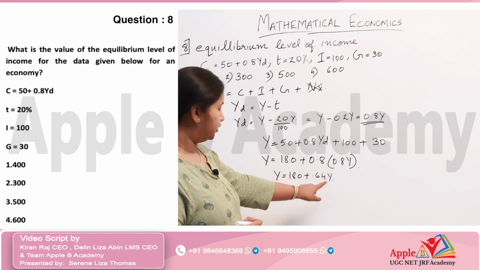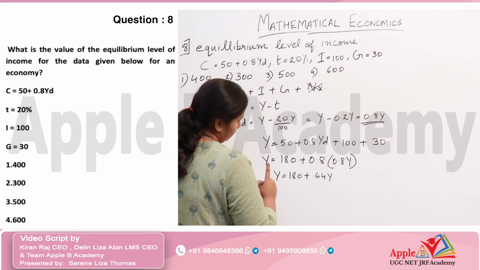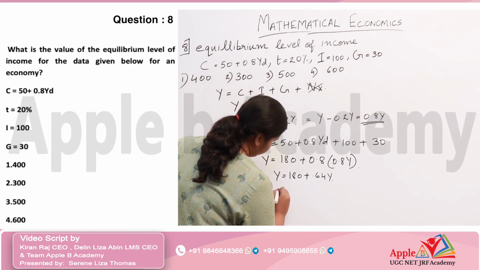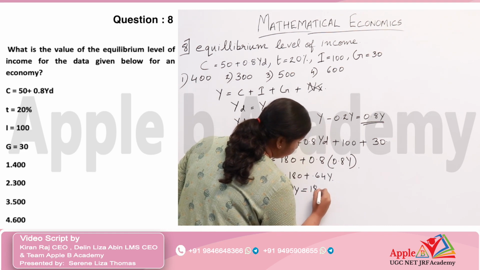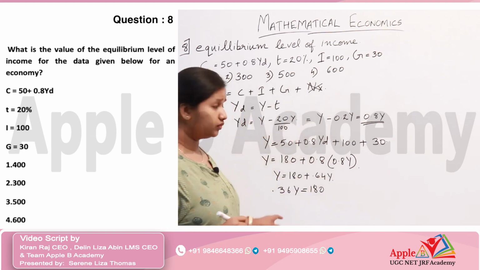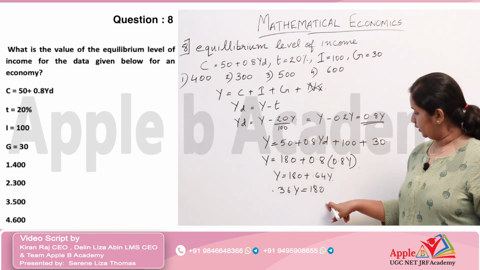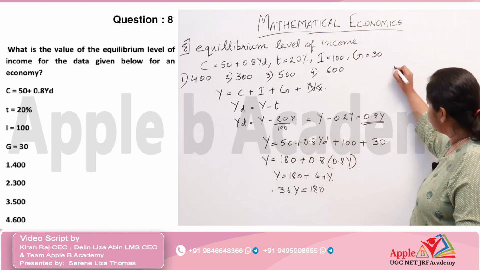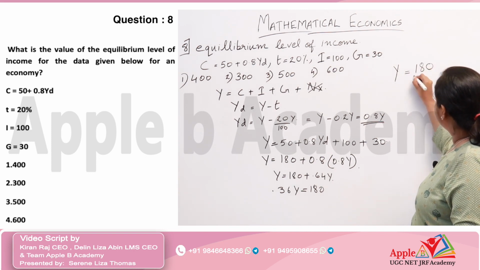So taking this 0.64y to this side, we get 0.36y is equal to 180. So we get y is equal to 180 by 0.36.